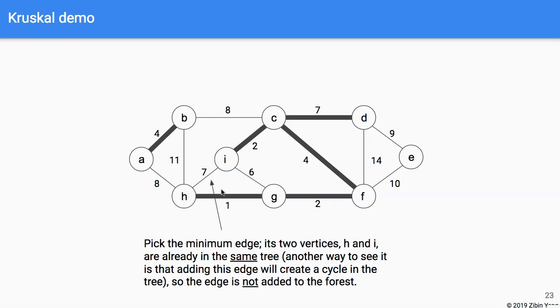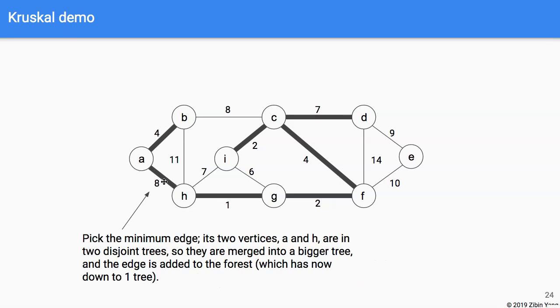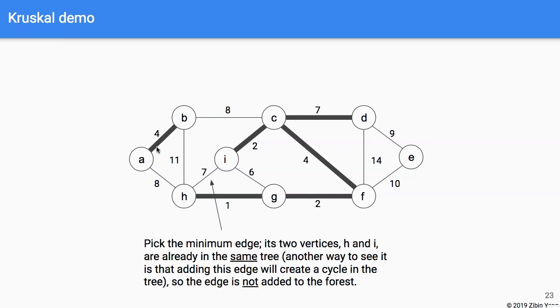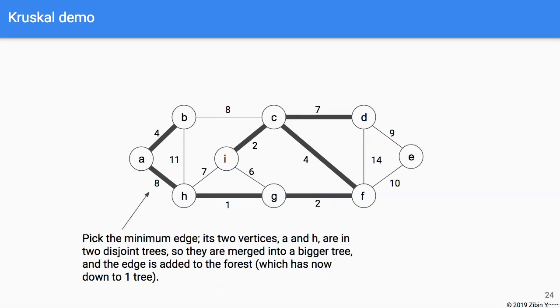So these two subtrees are disjoint, so we will use this edge, we'll merge these two trees, and we'll put this edge into the forest. And now you notice previously we had two disjoint trees in the forest, but now we only have one.